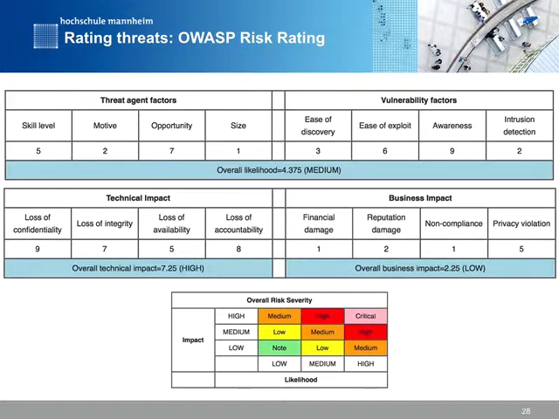CVSS is difficult for rating abstract scenarios because it asks a number of questions which are technically related. But here you can easily see how this works. The first big line is about vulnerability factors, whereas the second big line is about impact factors.